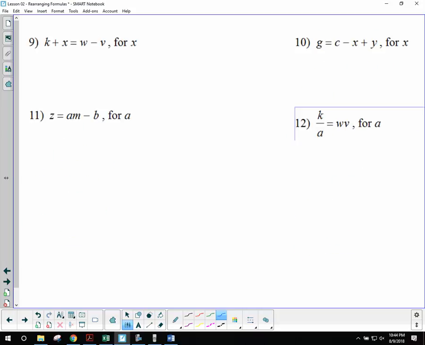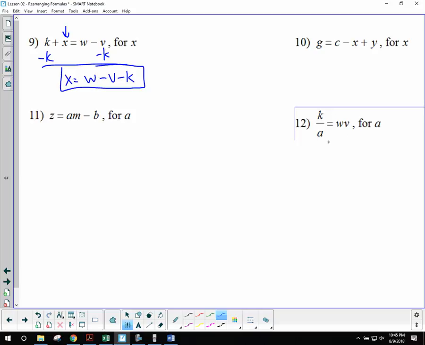Okay, I think the rest are, well, we'll do this number 9. Super stinking easy. We're solving for X. All we gotta do is subtract a K from both sides. Look, none of these are like terms, so just bring them down. W minus V minus K, all done. Same thing for 10. 10 is just as easy. Right here, 12.